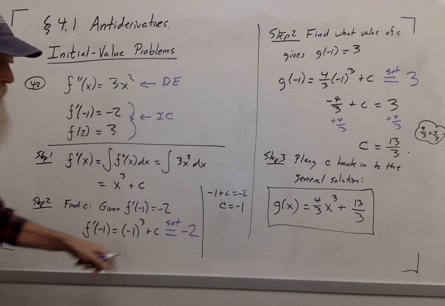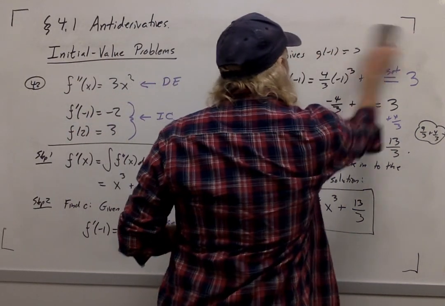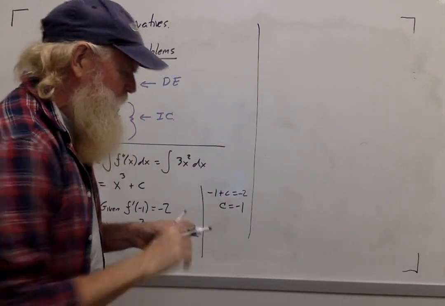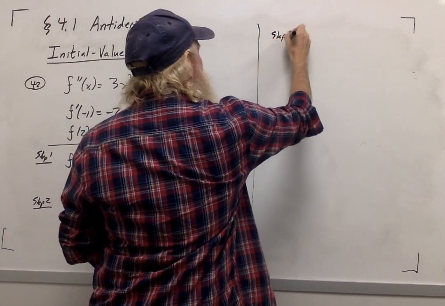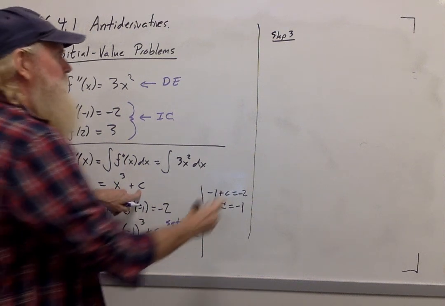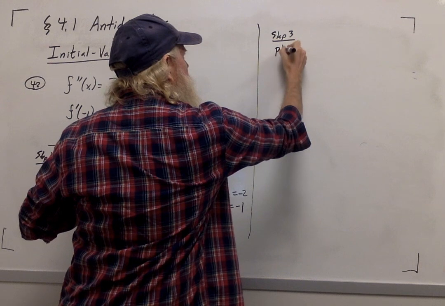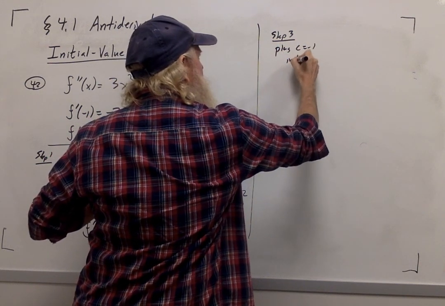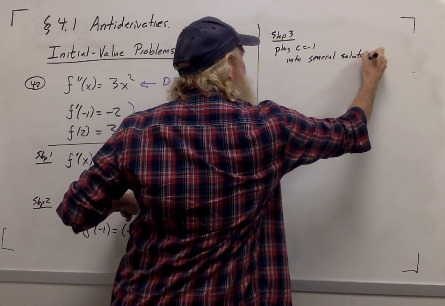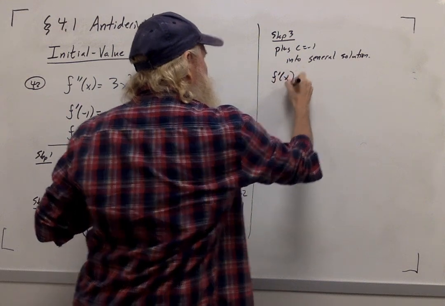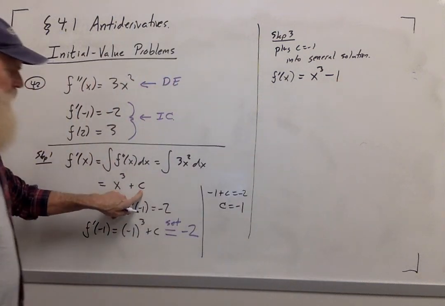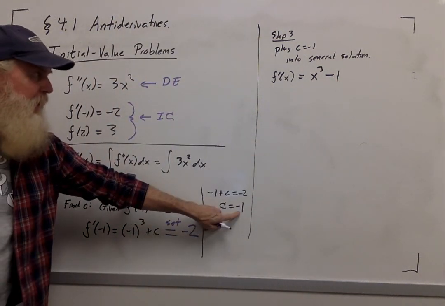So c is -1. So step 3, I'm going to take that value of c and plug it back into the general solution here. So f prime of x is x cubed minus 1. Notice that I've replaced this c with -1.